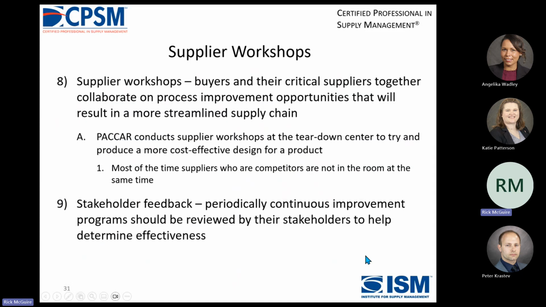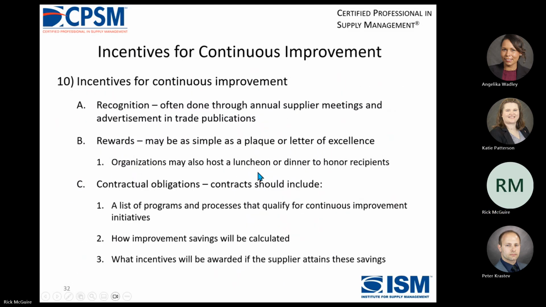And stakeholder feedback, periodically continuous improvement programs should be reviewed by their stakeholders to help determine their effectiveness. Incentives to get the supply base to do this stuff. Recognition, often done through annual meetings. So we do this with our SPM dinners.